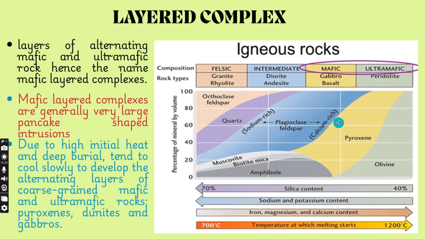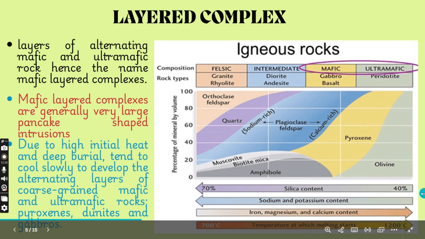These kinds of rock can hold it. As we can see, this is very commonly known. In this direction, of course, silica content increases, and in this direction iron, magnesium, calcium, nickel will be increasing. Similarly, sodium, potassium will be decreasing. And overall their temperature is 1200 degrees Celsius.